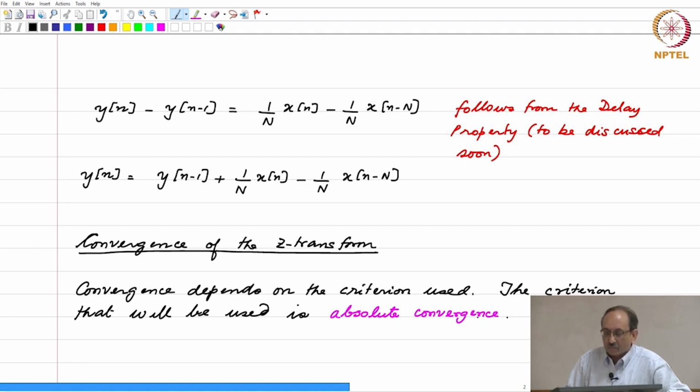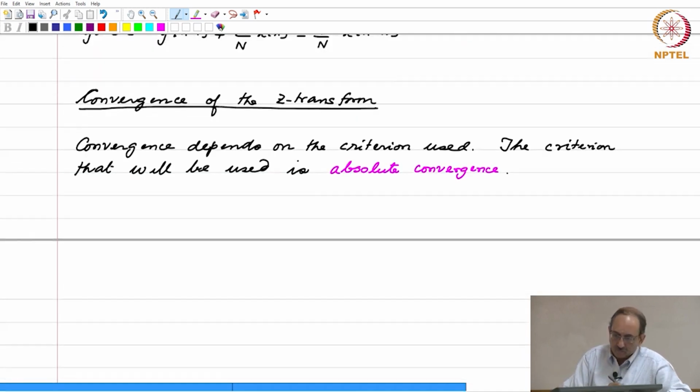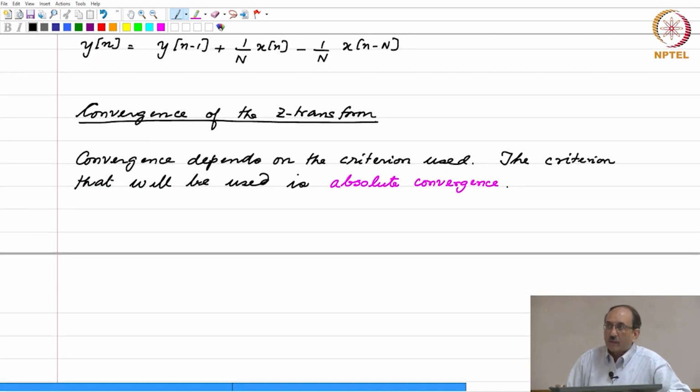In terms of integrals, remember, I am recalling what you may have learnt in Laplace. The other criterion that could have been used is uniform convergence, whereas in the Laplace case we used absolute convergence as the criterion. We will use absolute convergence criterion for the Z transform case.